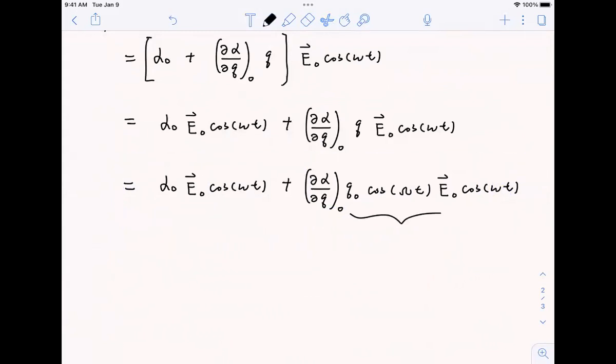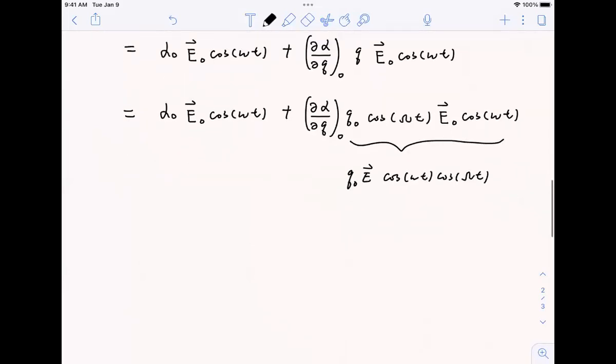This thing will be Q, and then you have a cosine omega t, cosine big omega t. So this thing will be 1/2 cosine plus t plus cosine minus t. Okay, so eventually you get a result like this.